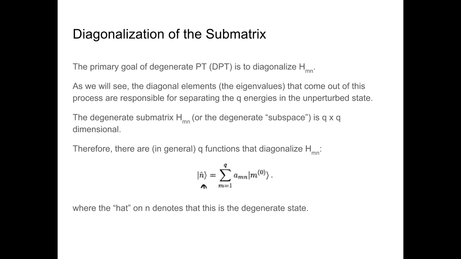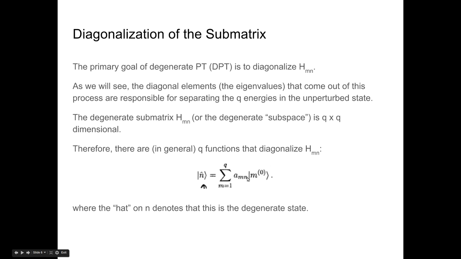And if you have a Q by Q dimensional matrix and you want to diagonalize it, that tells you that you're going to, in general, have Q eigenfunctions and Q eigenvalues. So what we're going to do is define these degenerate states as a linear combination. So there's Q of them.